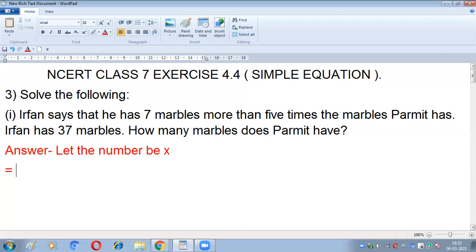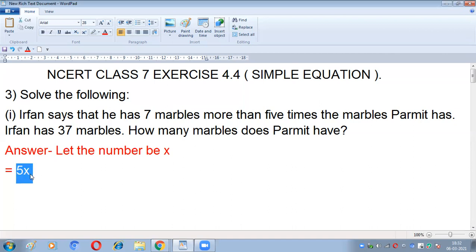Irfan says that he has 7 marbles more than 5 times the marbles Parmeet has. 5 times, that means 5 multiplied by our number, which is here x. So 5 multiplied by x is equal to 5x.